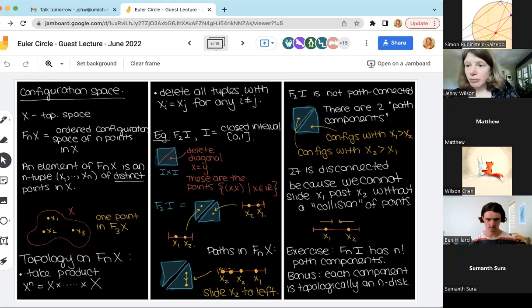I claim, and this shouldn't at all be obvious, that with the open line segment, not the closed line segment, you can embed X into its configuration space. But if you are working instead with the circle, in contrast, you can't. At least for my notion of natural, there's no natural way to embed a circle into its configuration space. There's no natural way that you can keep adding points in a way that's continuous over any starting choice of configuration.